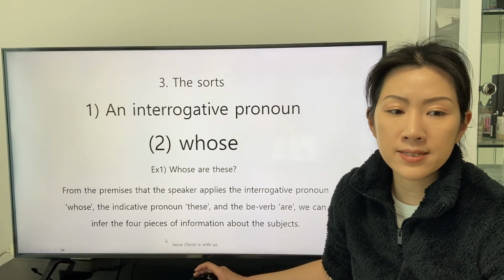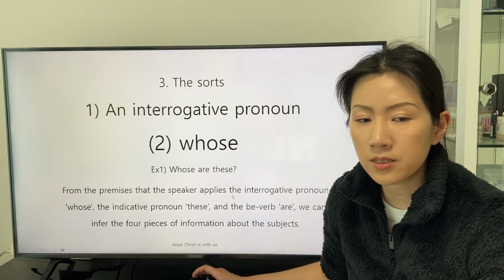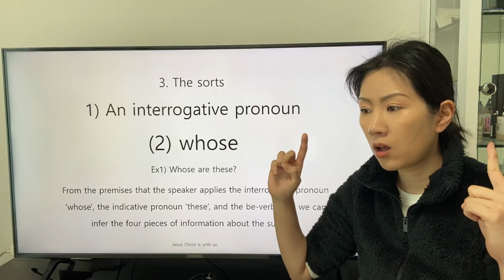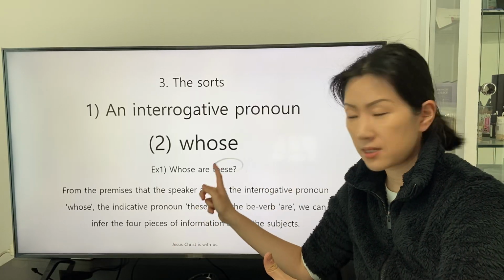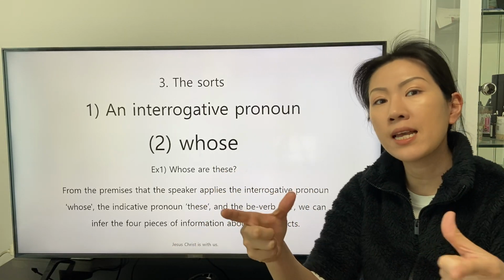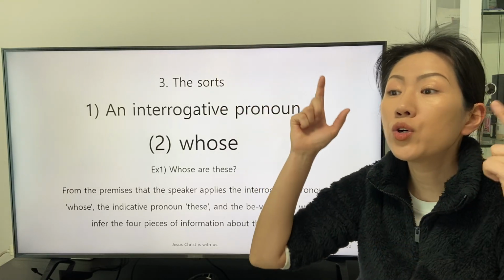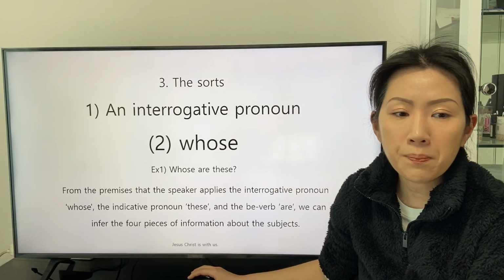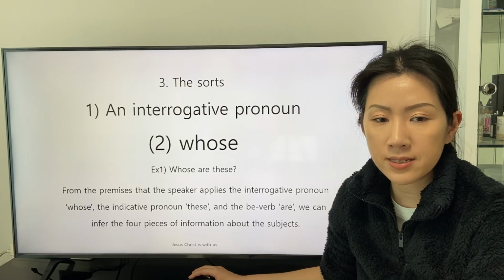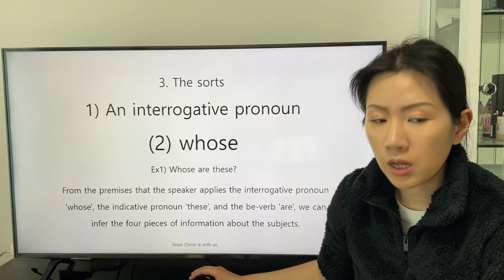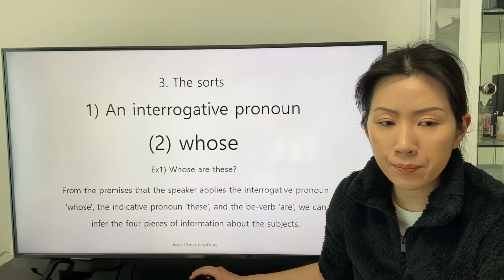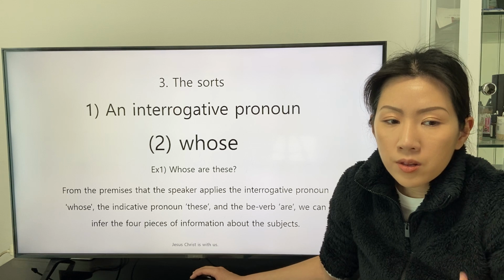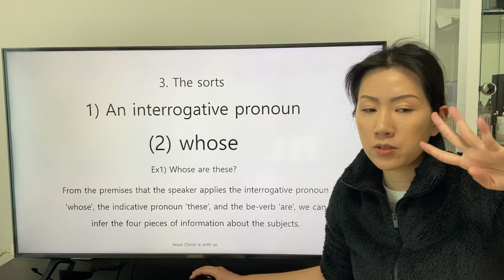From the premises that the speaker applies, we can also understand that the interrogative pronoun indicates the subject these, but the speaker intends to know about who the subject belongs to. From the premises that the speaker applies the interrogative pronoun whose, the indicative pronoun these, and the be verb are, we can infer four pieces of information about the subject.